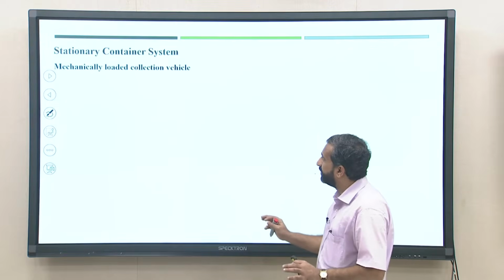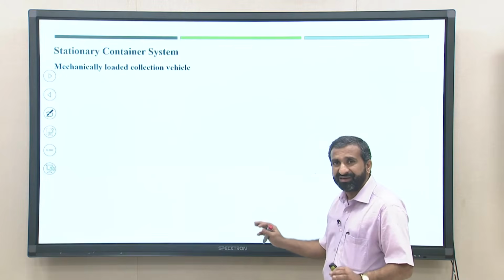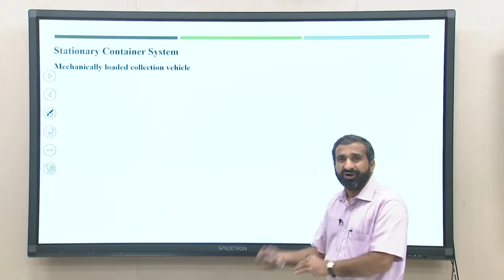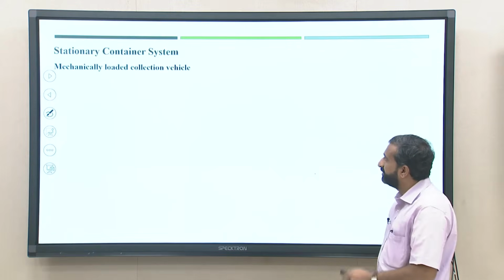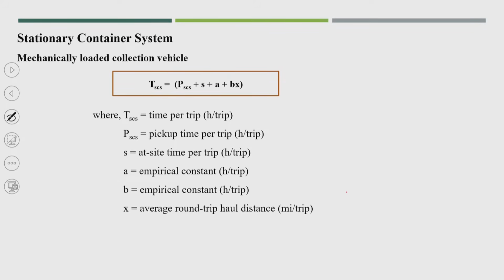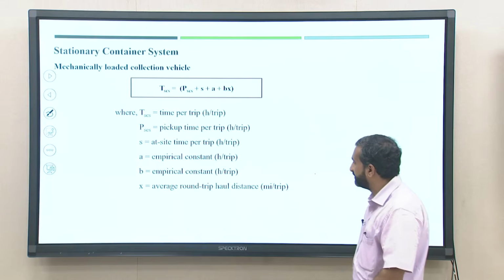One is the mechanically loaded container collection vehicle, where the container is mechanically loaded onto the vehicle. There, the time per trip will be pickup time plus S plus A plus Bx. It is similar to the hauled container system, because the entire route time is required, same in the stationary and hauled container systems.